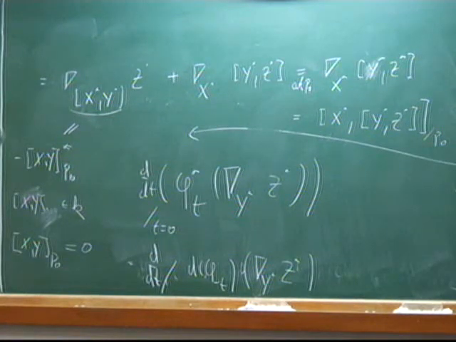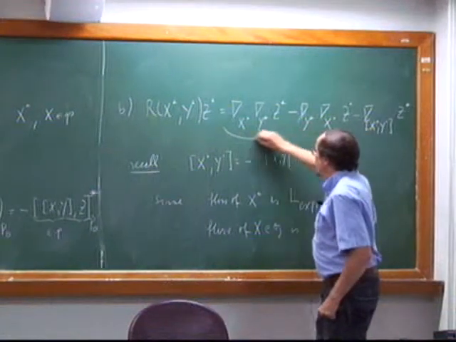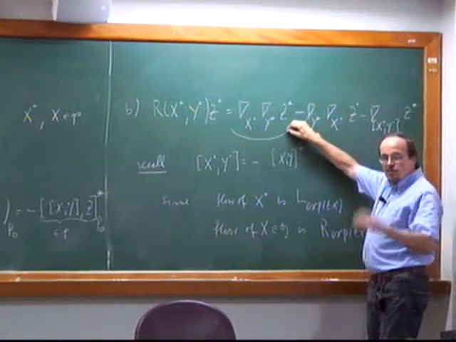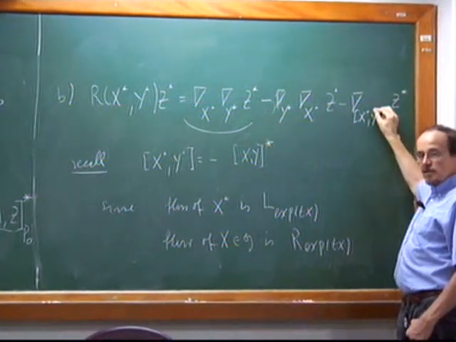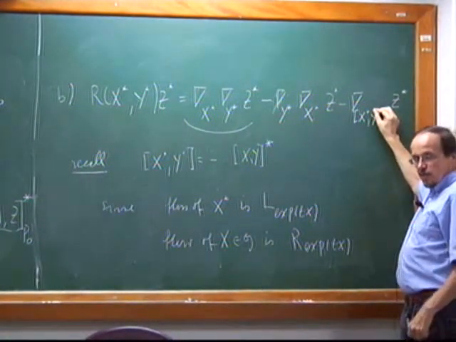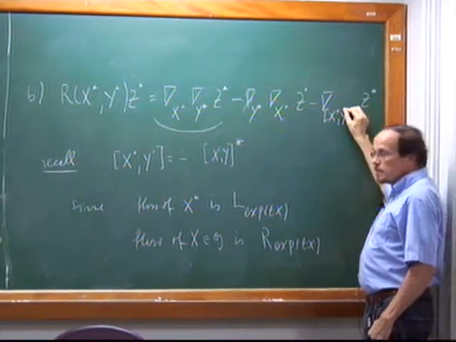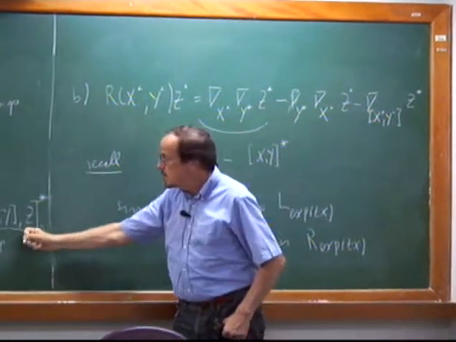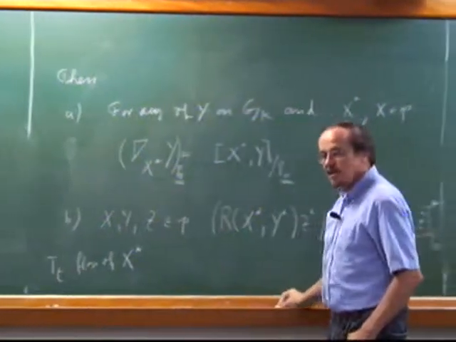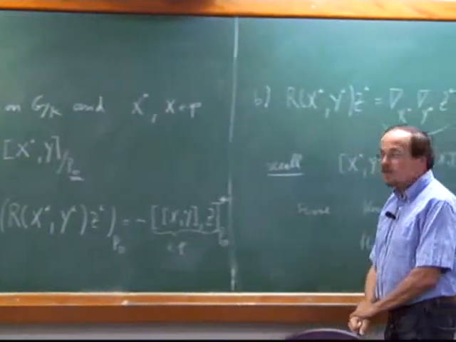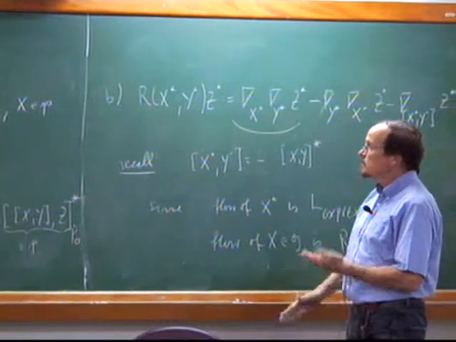So now I'm almost done, and maybe I won't carry out the rest, but notice that what I did is I took a term like this, and I completed it in terms of brackets in the Lie algebra. So there's the same thing here, same thing here. Now everything's brackets, and then it boils down to the Jacobi identity to bring it to this form here. But the trick is to translate these double covariant derivatives in a clever way to something that is only in terms of Lie brackets. And that's what this does.